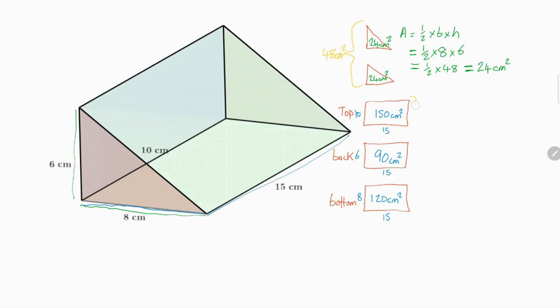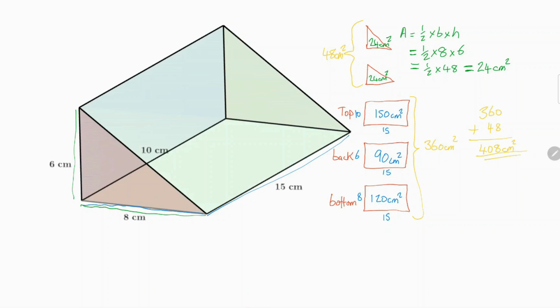And then we have 150 plus 90 plus 120, which is 360 centimeters squared. So 360 plus 48. So 360 is the area of all of the rectangles, and 48 the area of the 2 triangles. Add them together and we end up with 408 centimeters squared, and that's the total surface area.